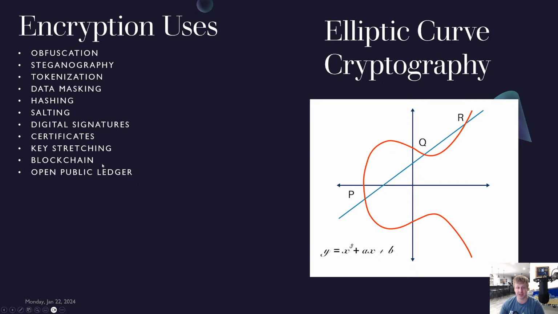Blockchain and the open public ledger. So we're all familiar with blockchain from cryptocurrency. Essentially, it's a ledger, like you would have in a bank. It's a ledger of transactions, and every time somebody makes a change to that ledger, it is locked in, it is verified, and it is unable to be changed once it's done.